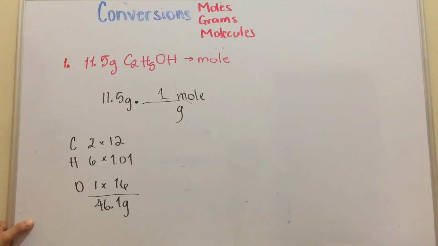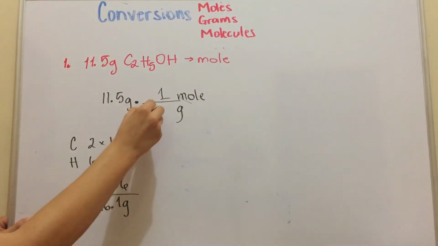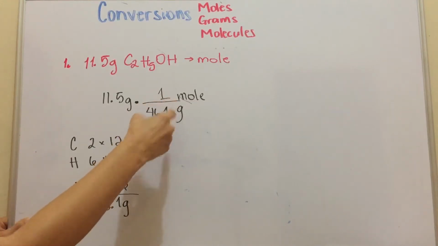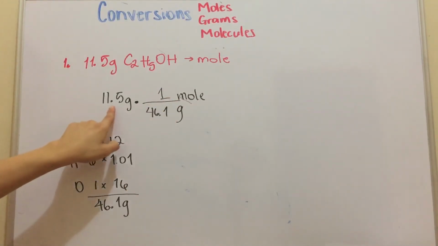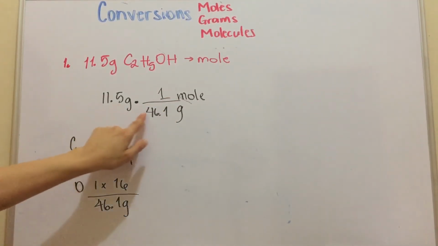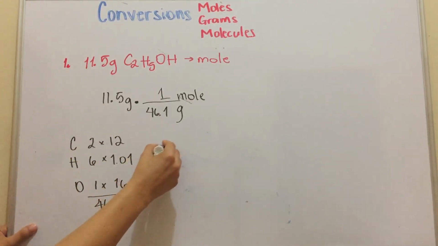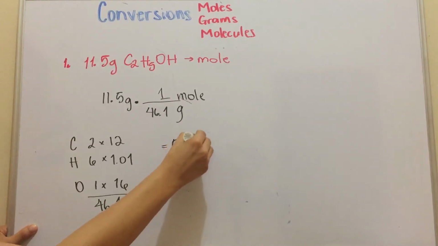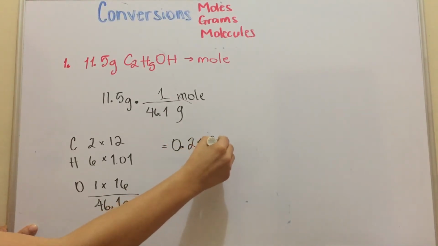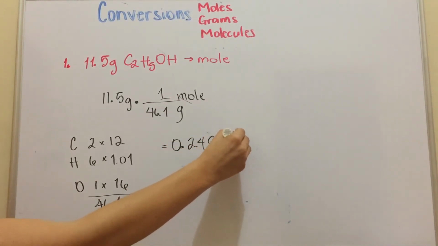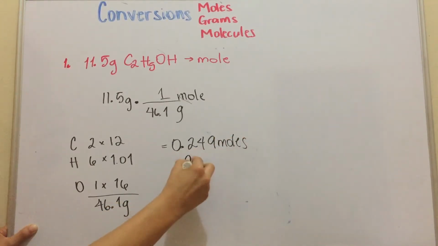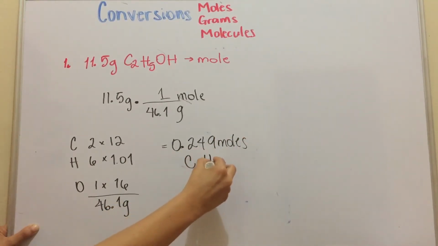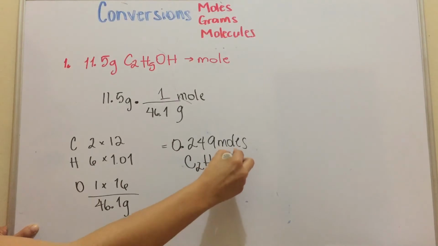grams of ethanol. So right now, I just put my 46.1 grams here, and I divide 11.5 by 46.1, and it's going to give me my answer, 0.249 moles of C2H5OH.